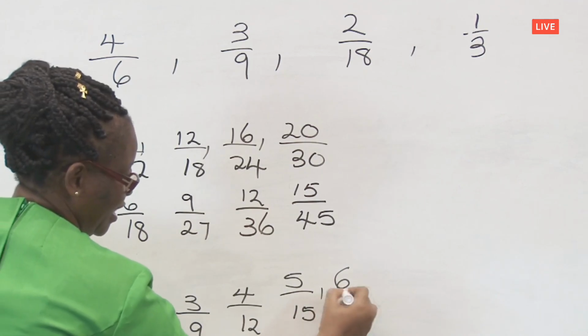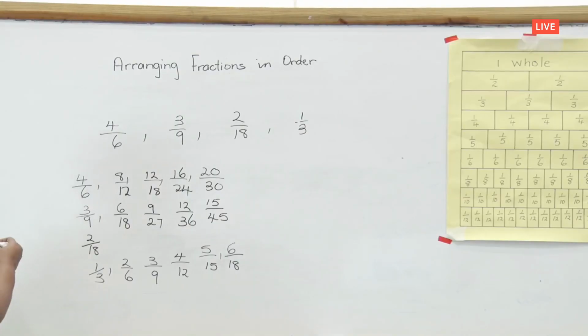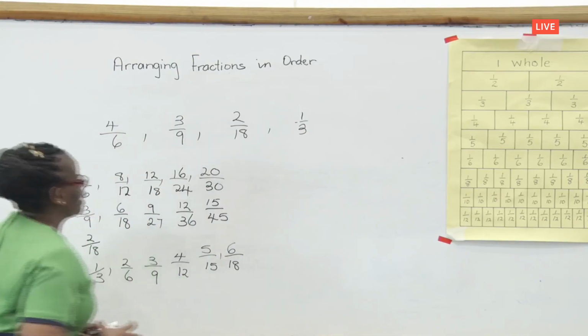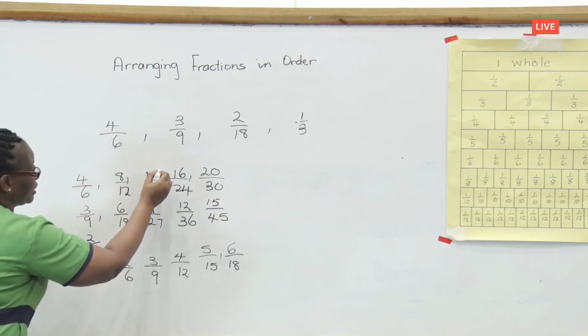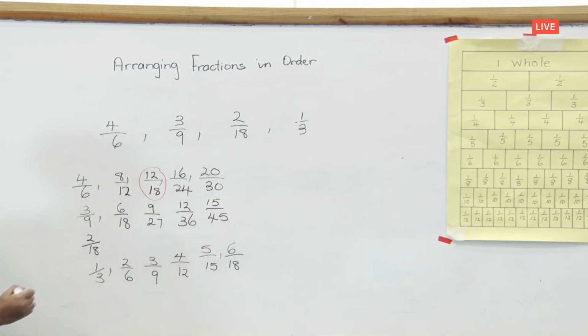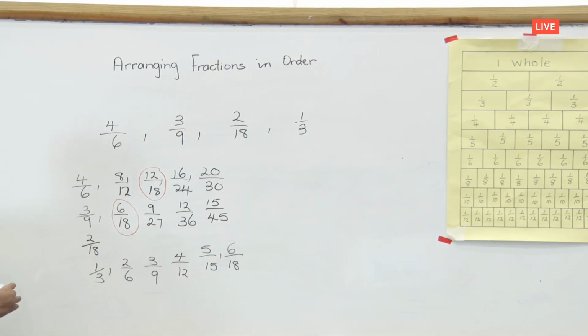Let's see if she knows what she's saying. So we have 3, 6, 9, 12, 15, 18. Oh, so she knows exactly what she's saying. So here we can see all of the fractions have 18 as their denominator.